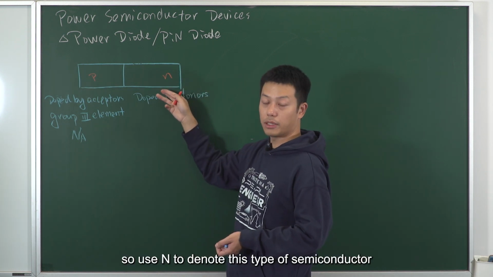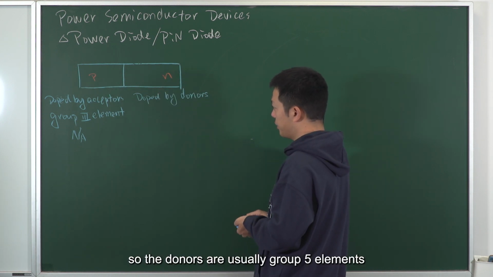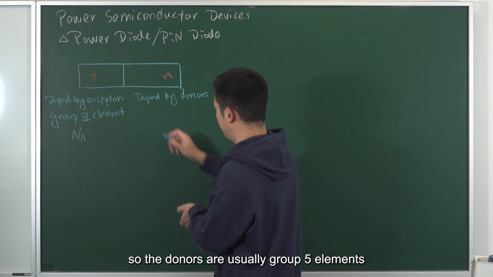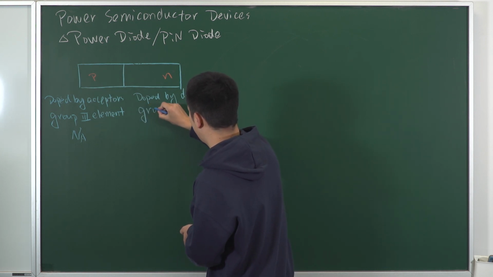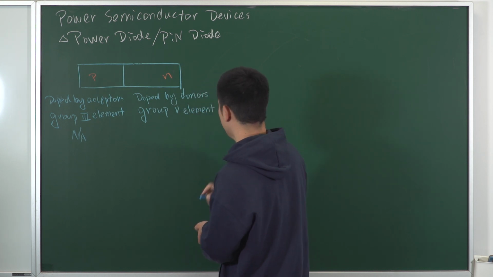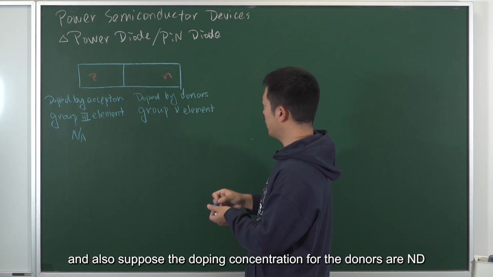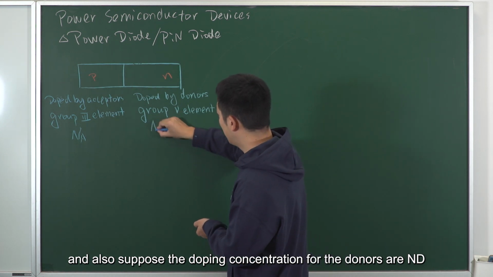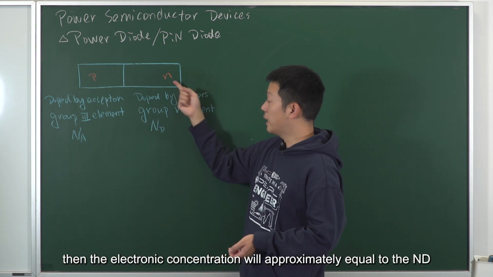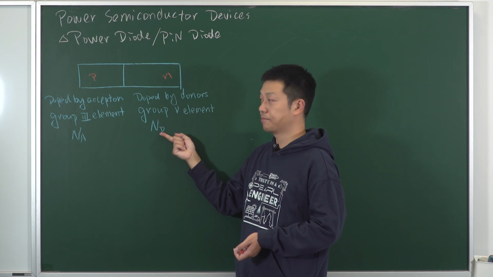So we use N to denote this type of semiconductor. The donors are usually group 5 elements. Also suppose the doping concentration for the donors is Nd. Then the electron concentration will approximately equal Nd.